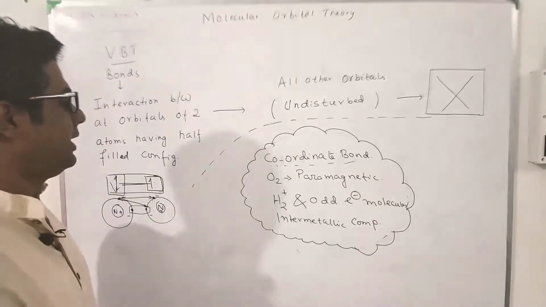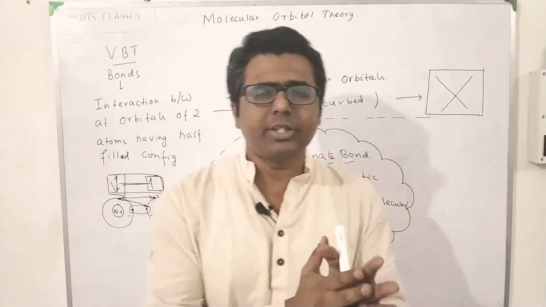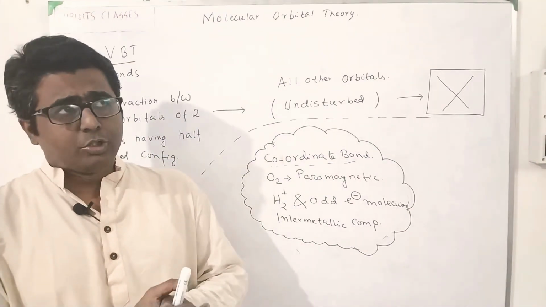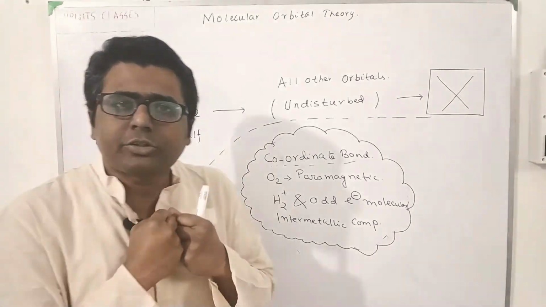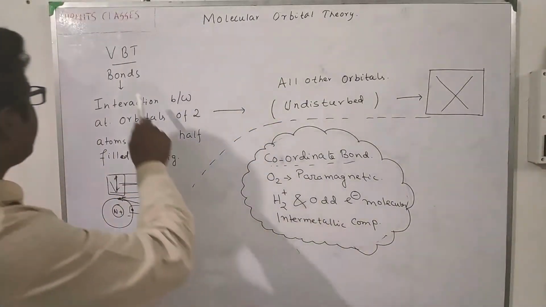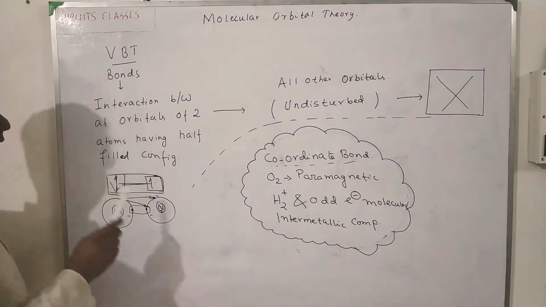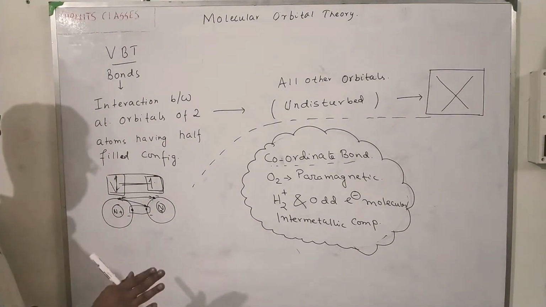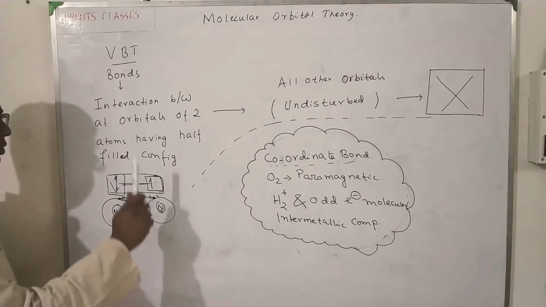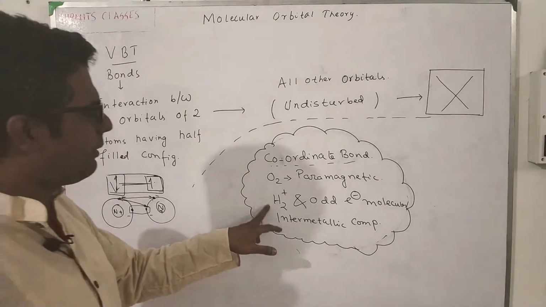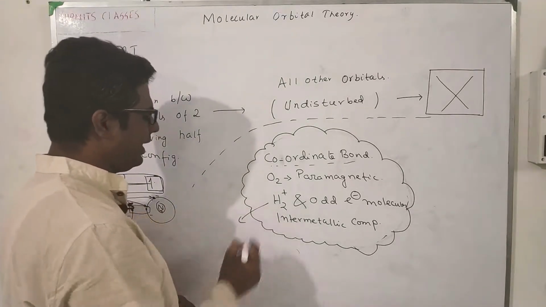ओके, नेक्स्ट, another type of molecules are there which are basically electron deficient molecules. ठीक है, so those kind of molecules are basically those which don't have enough electrons to form the bonds. But if you go to the valence bond theory again, what does it really require? It requires half-filled electrons in even numbers in totality, one coming from each atomic orbital to form the bond. But if I am talking about this kind of molecule, H2 plus, how many electrons does it have in totality?